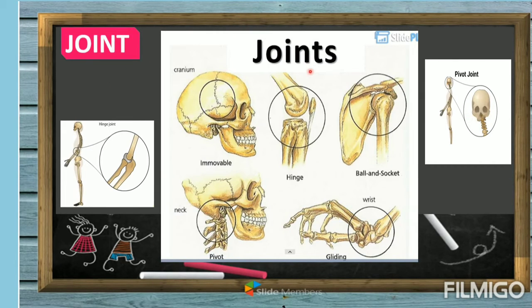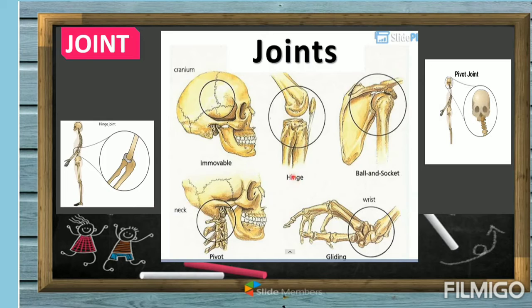So when we say joints, it is where two or more bones meet. Some joints are movable and some are immovable. Immovable means cannot move, like our skull or our cranium. Some joints are movable, meaning you're able to move them.